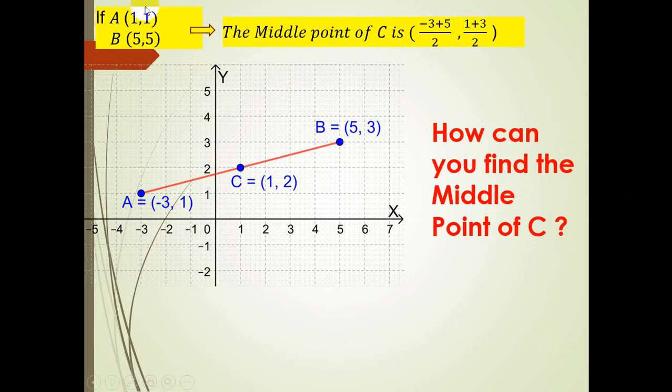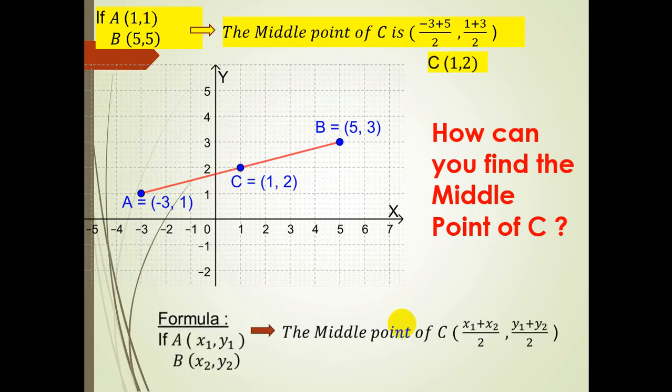I'm so sorry because this is wrong information. The coordinate of A must be minus 3, 1 and point B must be 5, 3. Okay, so according to this, the final answer is 1, 2. Actually, this is the formula to get the middle point between 2 points.